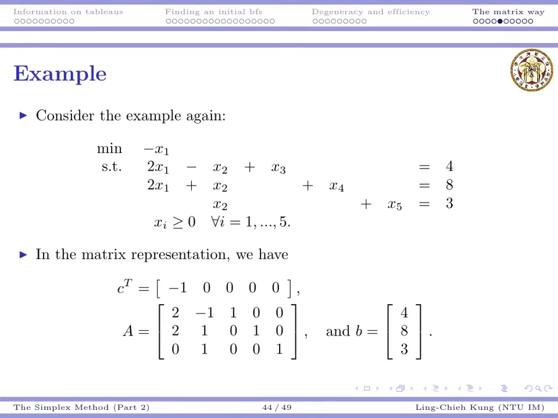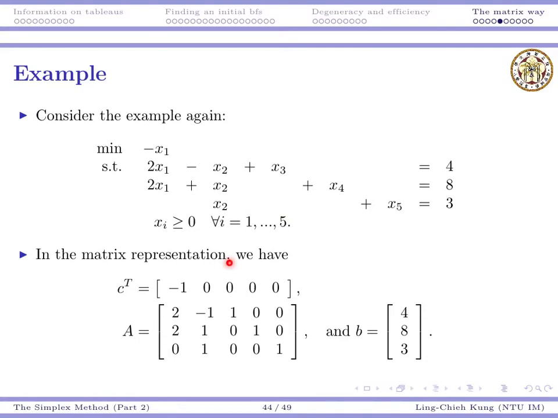So let's do this example again with matrices. We have these 3 constraints and 5 variables in our standard form. Originally, these 3 are less than or equal to constraints, with one identity matrix added into the original program. We now have a standard form. In the matrix representation, what exactly are we going to do?